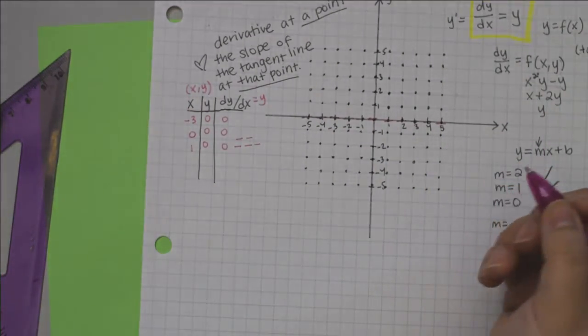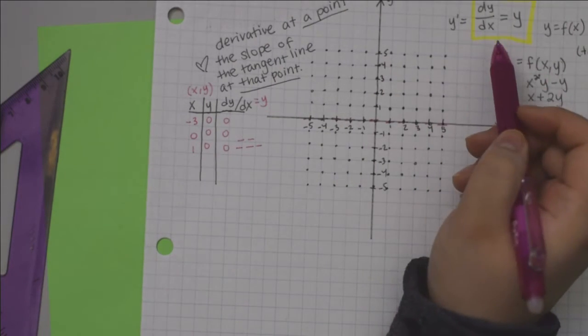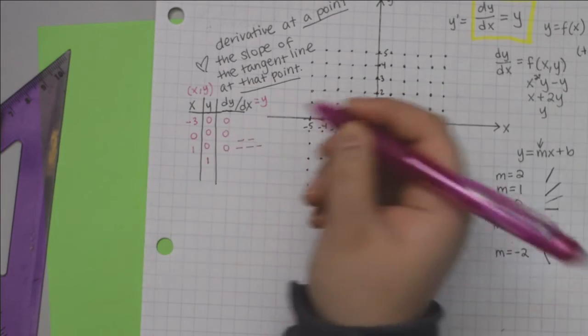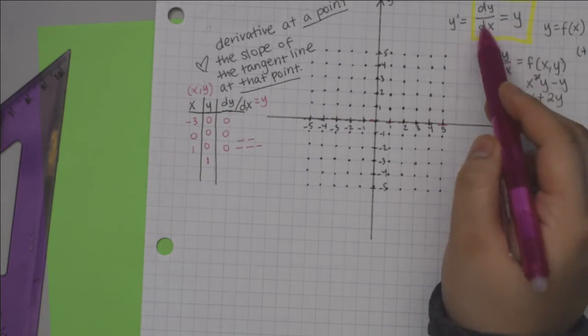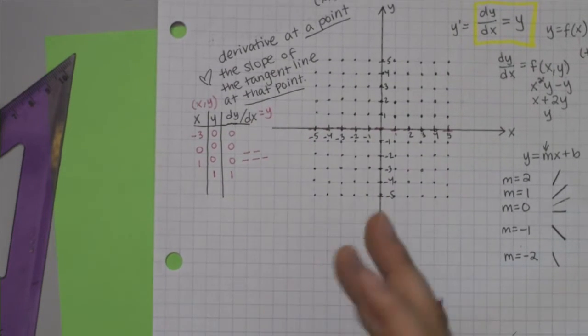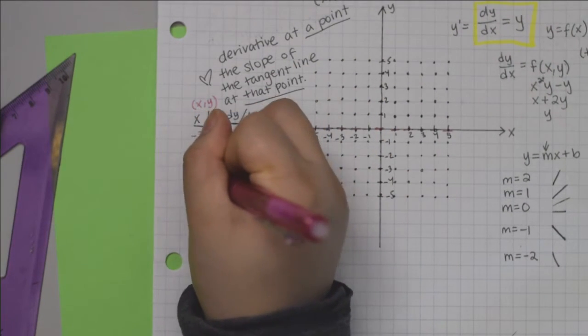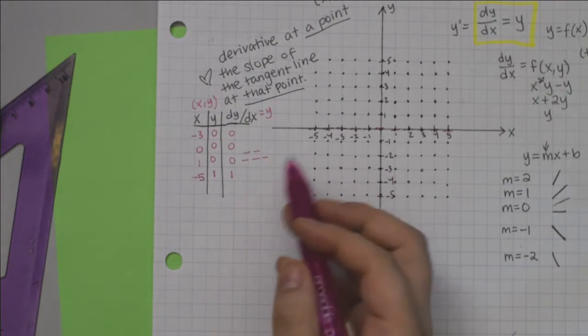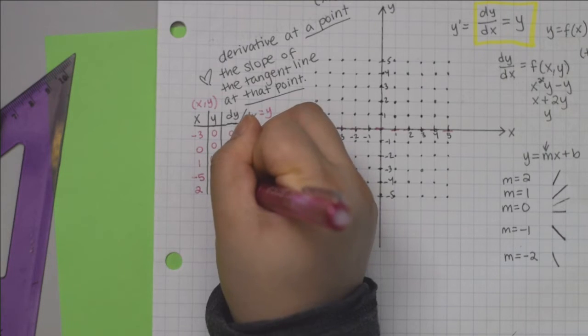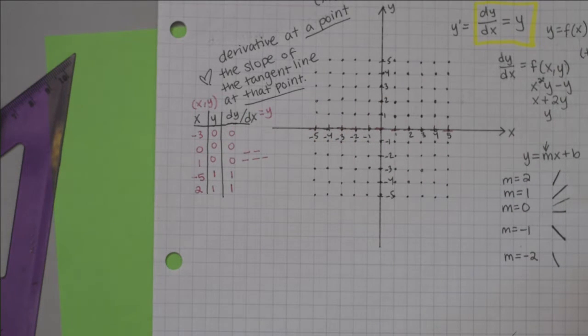So the next thing is, let's say we try 1. Whenever y equals 1, my slope is going to be 1. So whenever y is 1, x can be any number. So let's say (-5, 1), (2, 1). The slope is going to be 1.